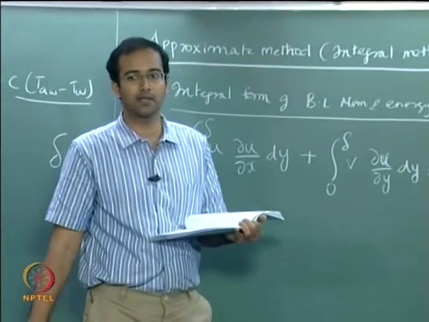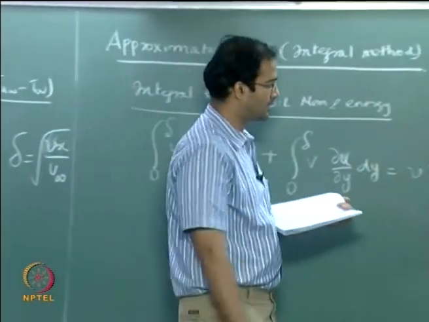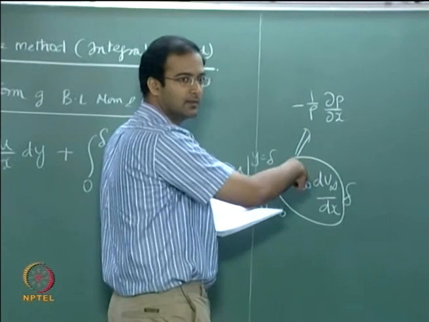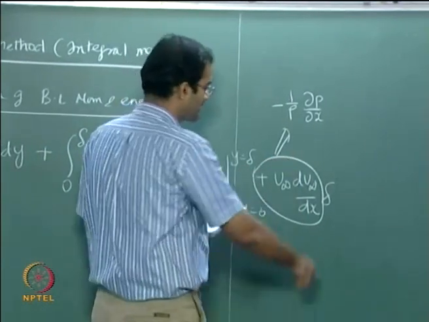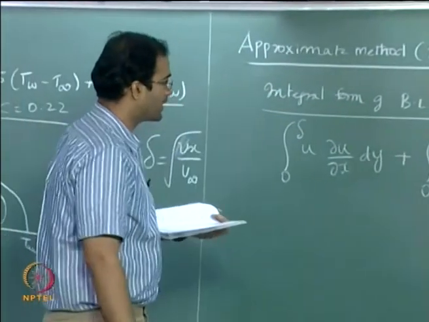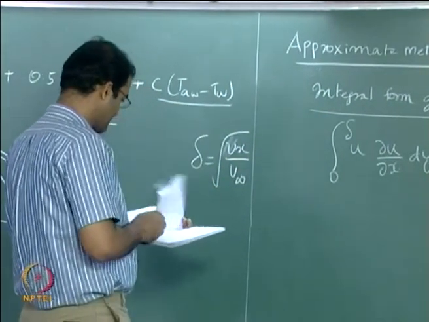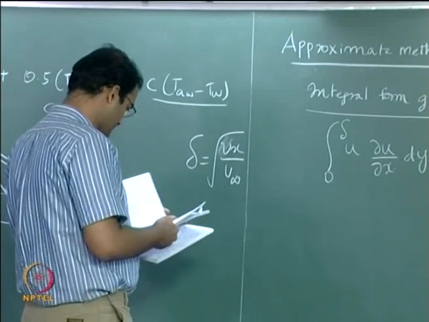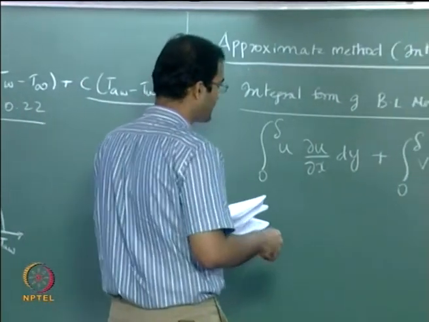Okay, and when you integrate it across the boundary layer, this will be constant for a particular y location, so you can directly say that it is multiplied by delta. So if you have a pressure gradient, that term also enters into this final expression.